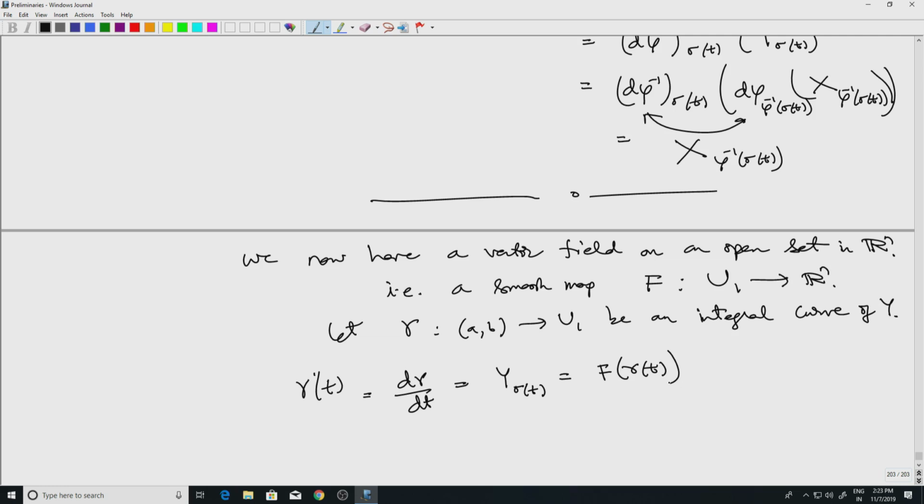So in effect, what we have is d gamma by dt equals f of gamma t.